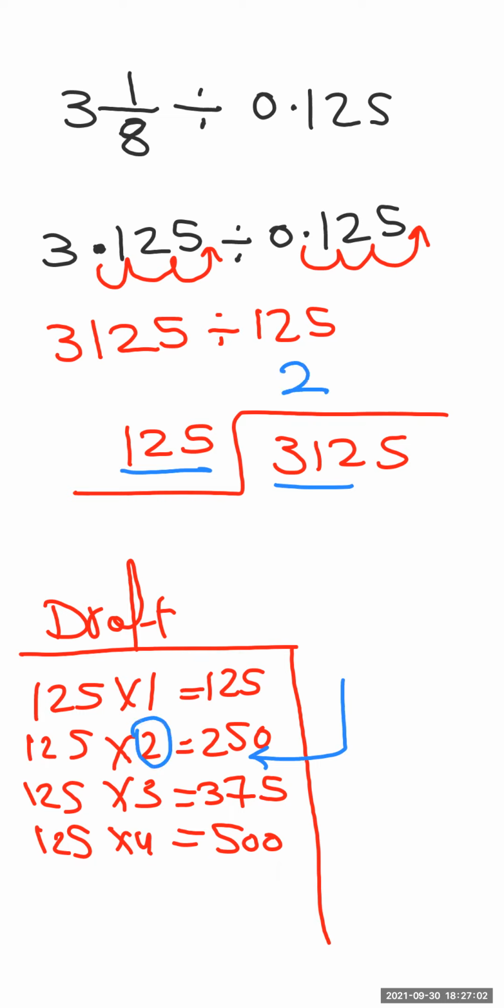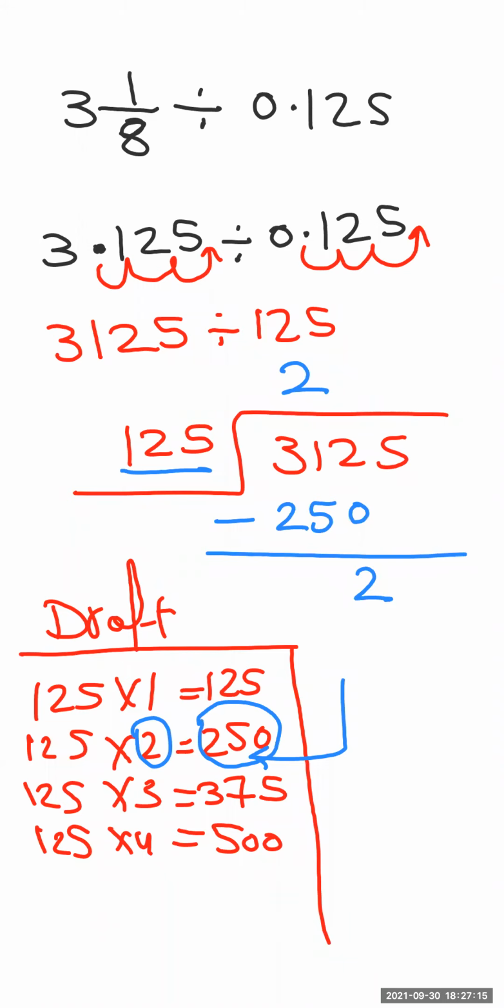Then the result of multiplying 2 times the divisor will equal 250. So 250. Now subtract. 2 minus 0, it's 2. 1 minus 5, not possible. Get 1, 11. 11 minus 5, 6. 2 minus 2, 0. Then, can we divide 62 by 125?